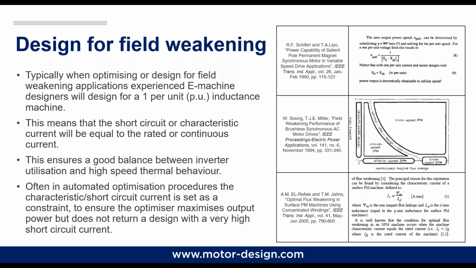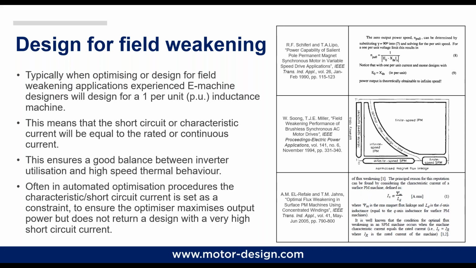In automated optimization procedures, generally, this is used to constrain something, because if we don't constrain something in our optimizer, the optimizer runs away, maximizing the output power, for example, but on the other side limiting the machine thermal behavior at high speed.